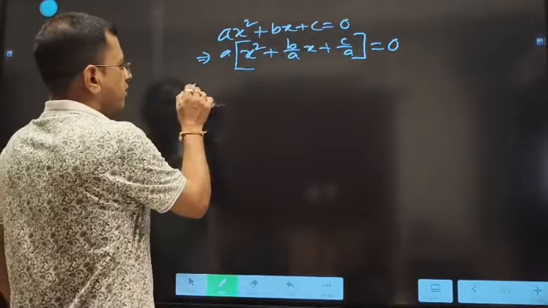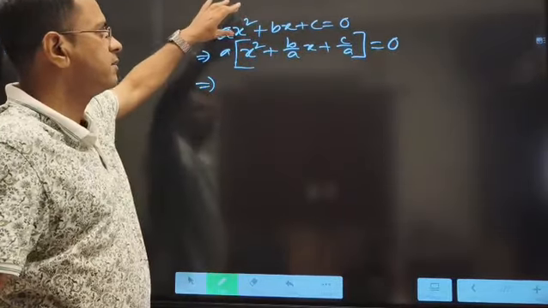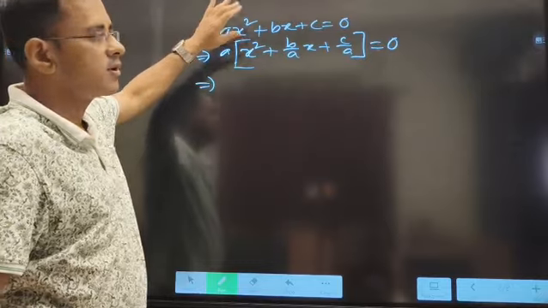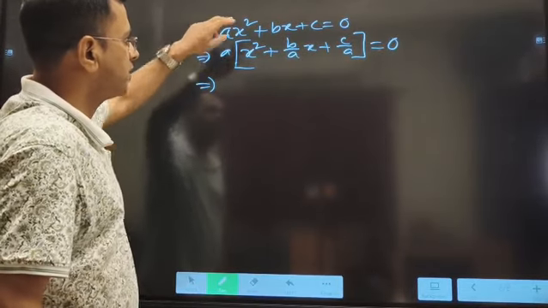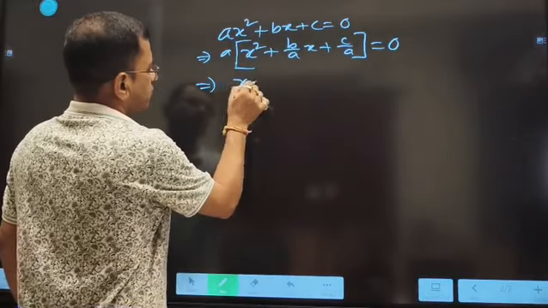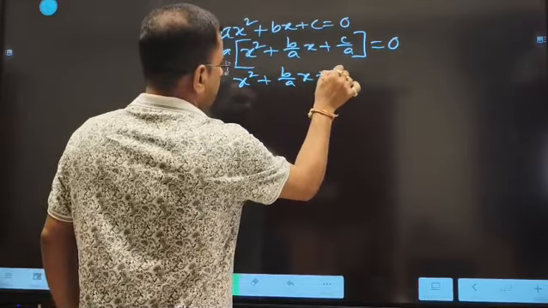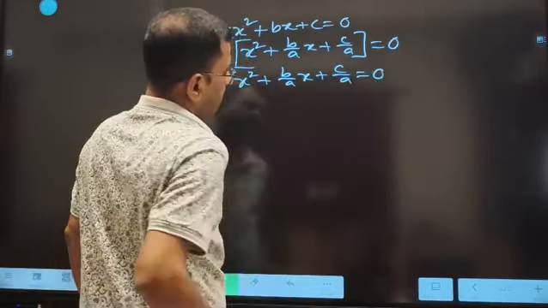Now a cannot be equal to 0, because if a is 0 then this is no longer a quadratic equation, since the x squared term will be 0. So x squared plus b by a x plus c by a equal to 0.